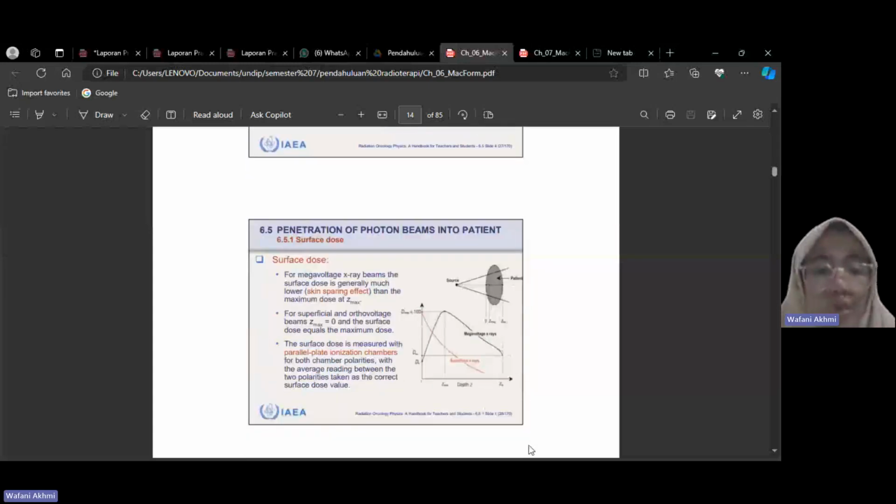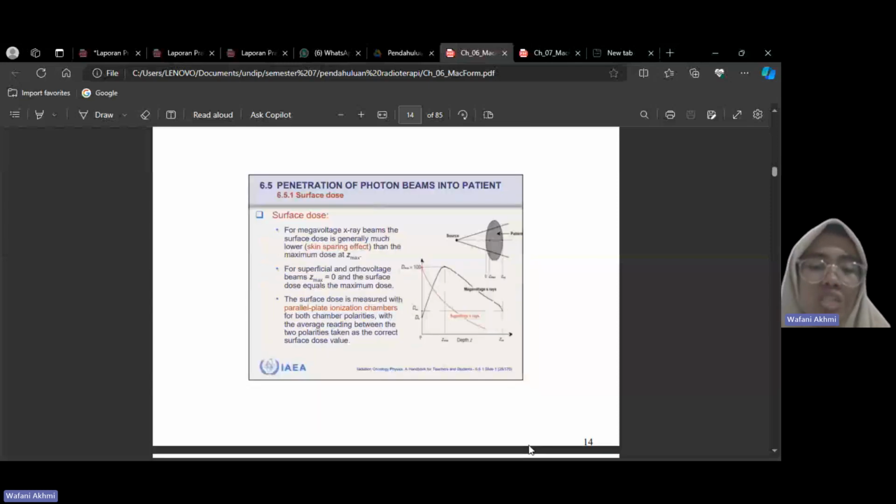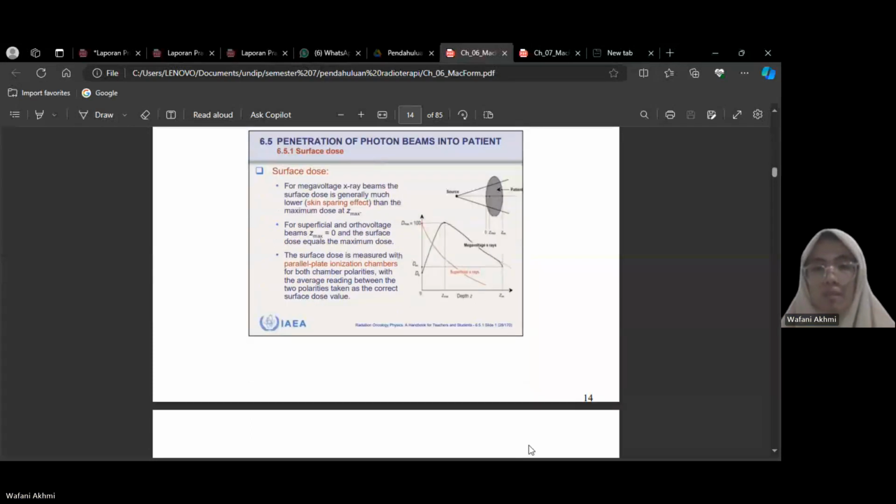Surface dose. For megavoltage X-ray beams, the surface dose is generally much lower than the maximum dose at Zmax, the skin sparing effect. For superficial and orthovoltage beams, Zmax is equal to 0 and the surface dose is equal to the maximum dose.